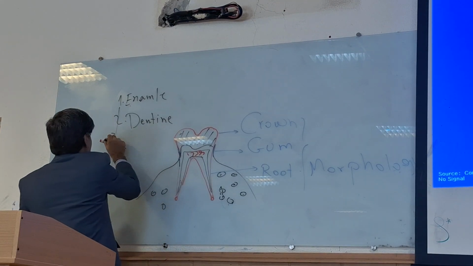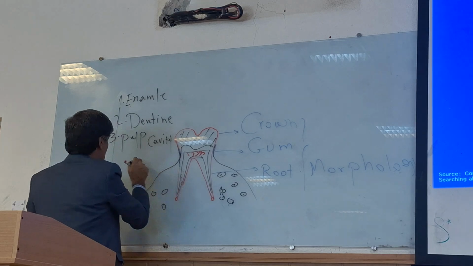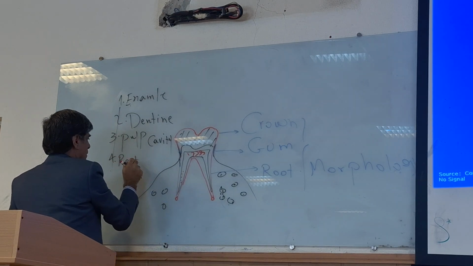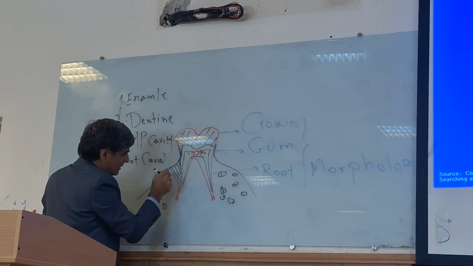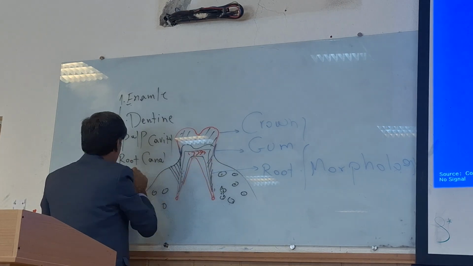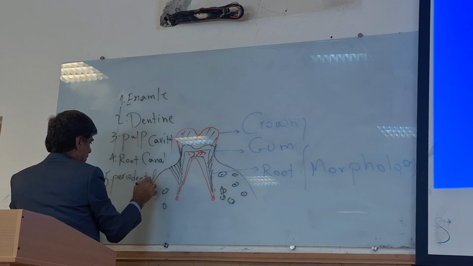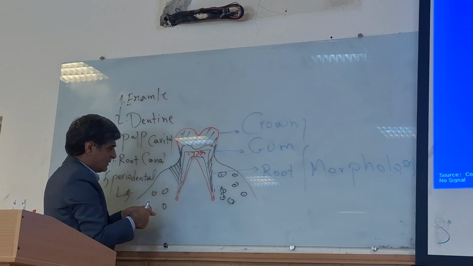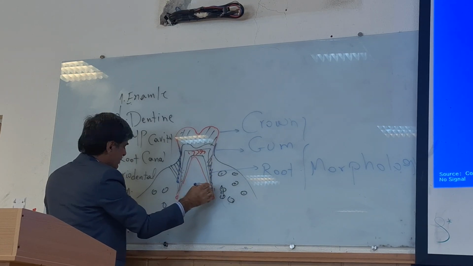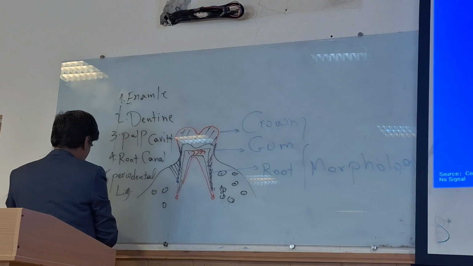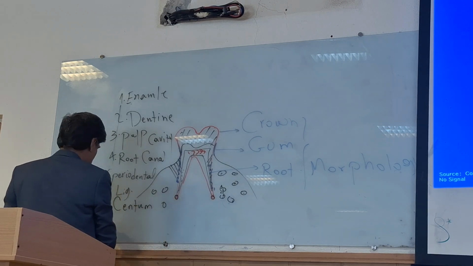Three, pulp cavity and root canal. And this part, periodontal ligament, and another, cementum. Seven, apical foramen.